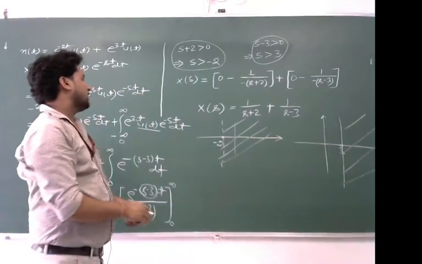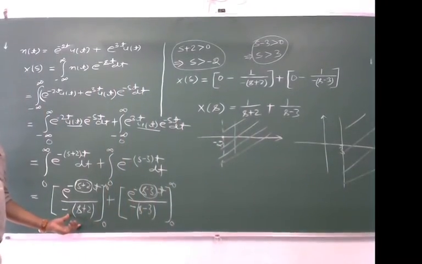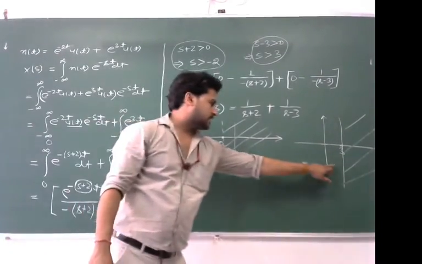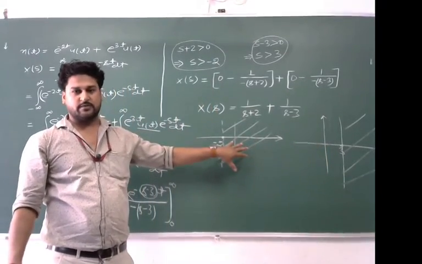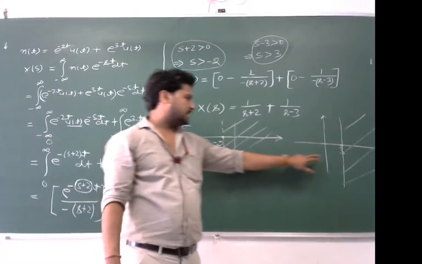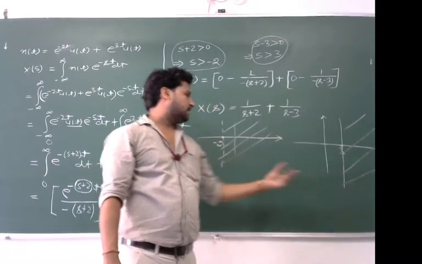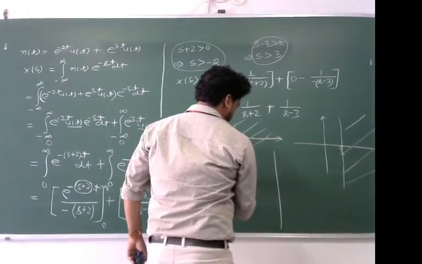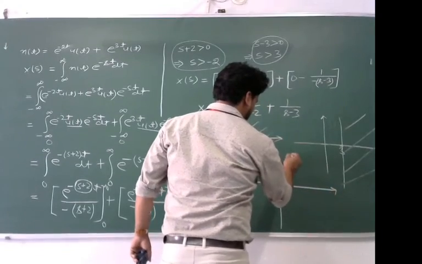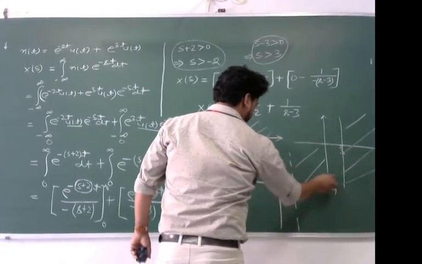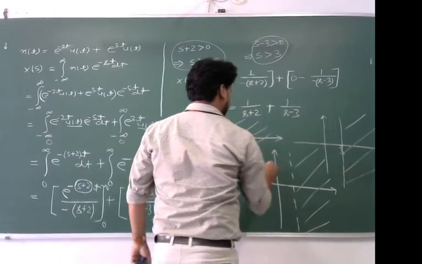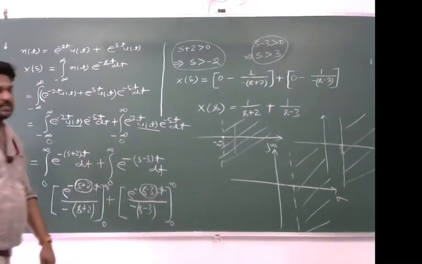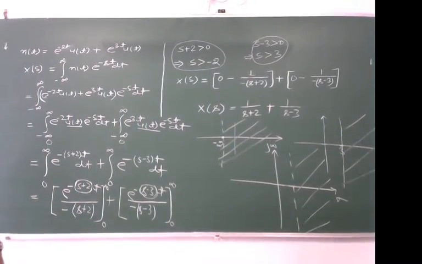It means that this integration will converge in this region, and this integration will converge in this region. If we combine both these ROCs, because if s is greater than 3 it will also be greater than minus 2, the combined ROC can be shown as s greater than 3. This is the ROC of the given Laplace transform of e power minus 2t plus e power 3t u(t).